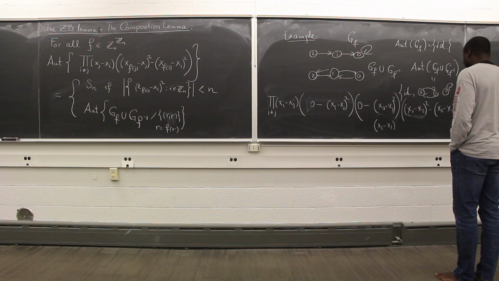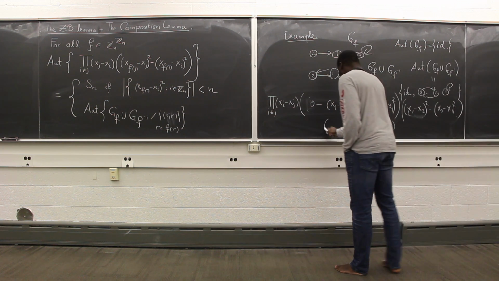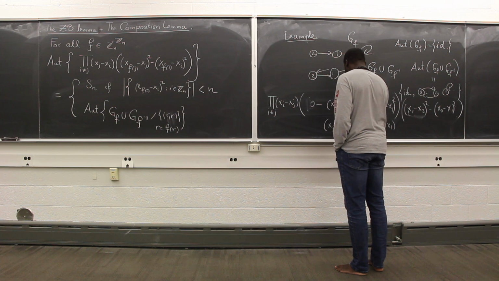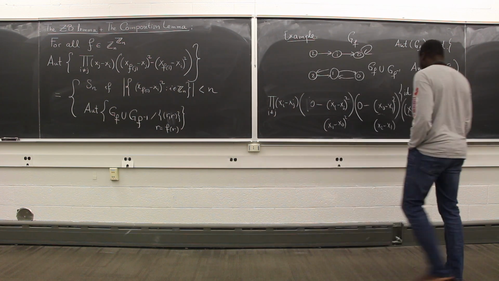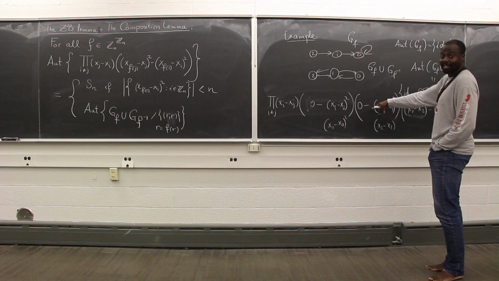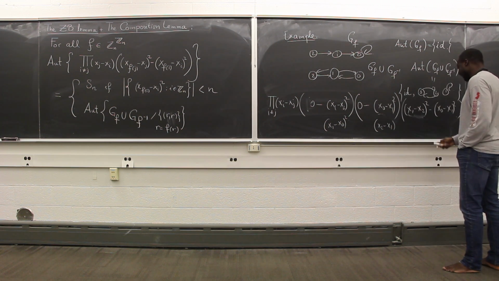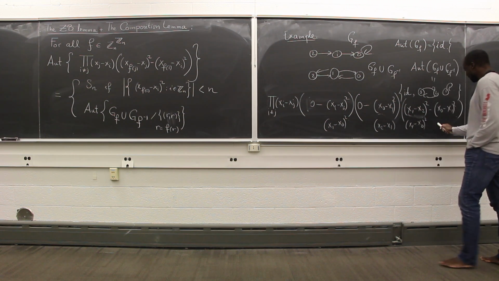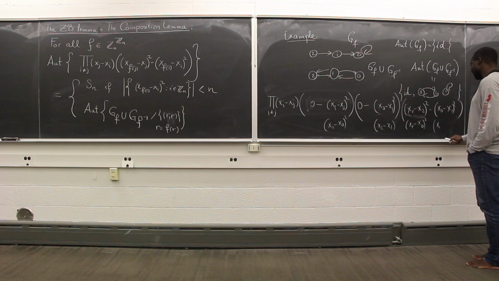The first one becomes x1 minus x0 squared, which happens to be this guy. And x1 minus x2 becomes x1 minus x0 squared. And this guy becomes x2 minus x1 squared.